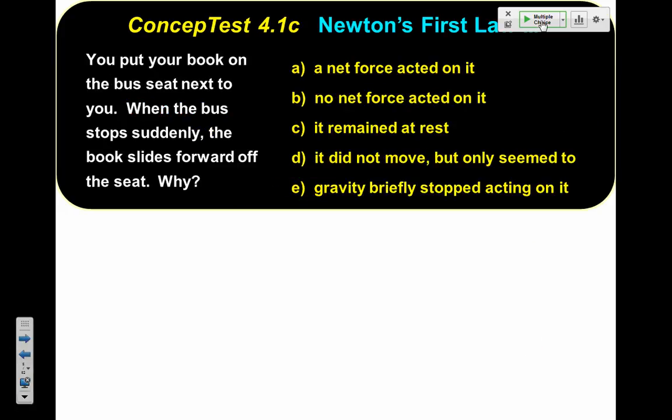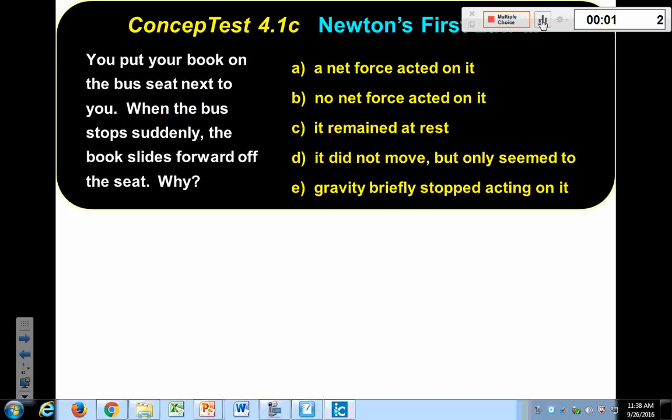You put your book on the bus seat next to you. When the bus suddenly stops, the book slides forward off the seat. Why? Almost everybody in my 201 class got this wrong. Let's see if things are a little better. Why does the book slide forward off the seat?